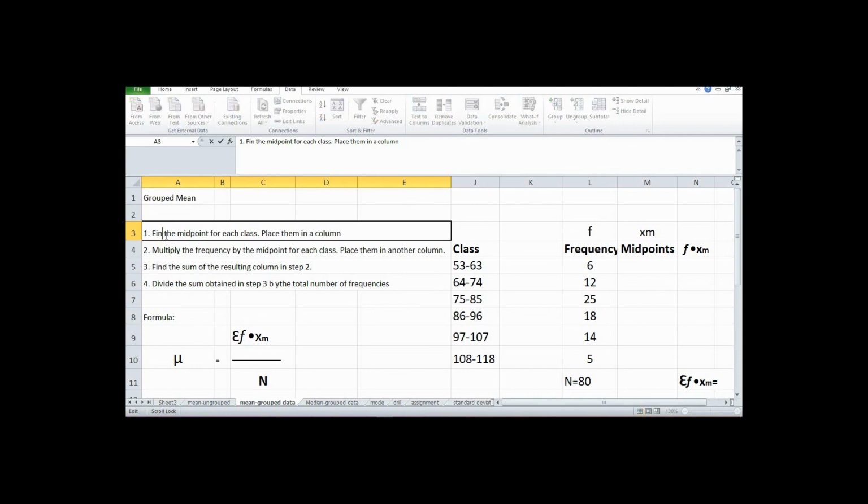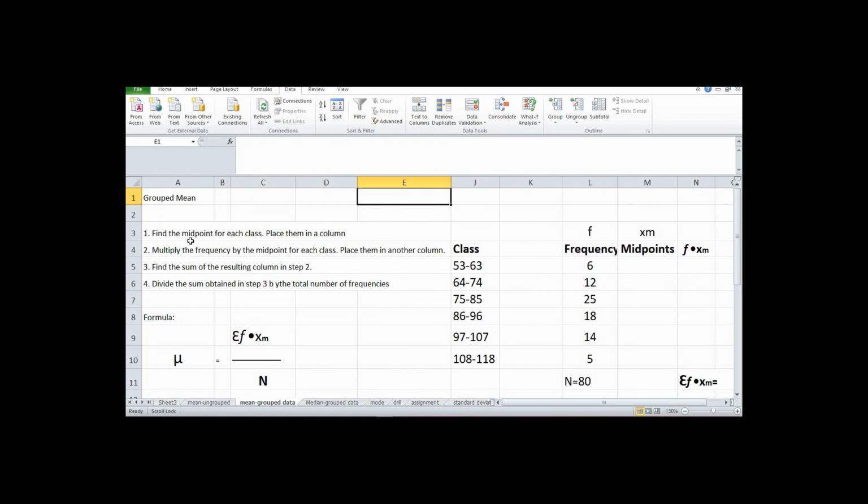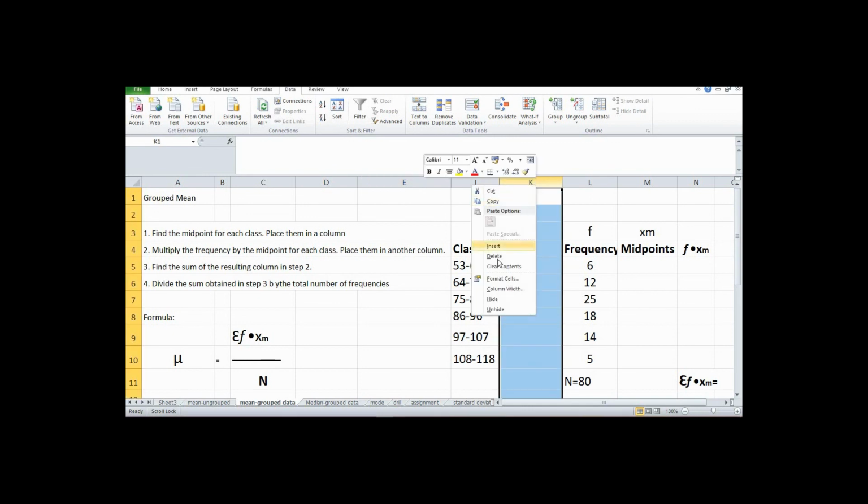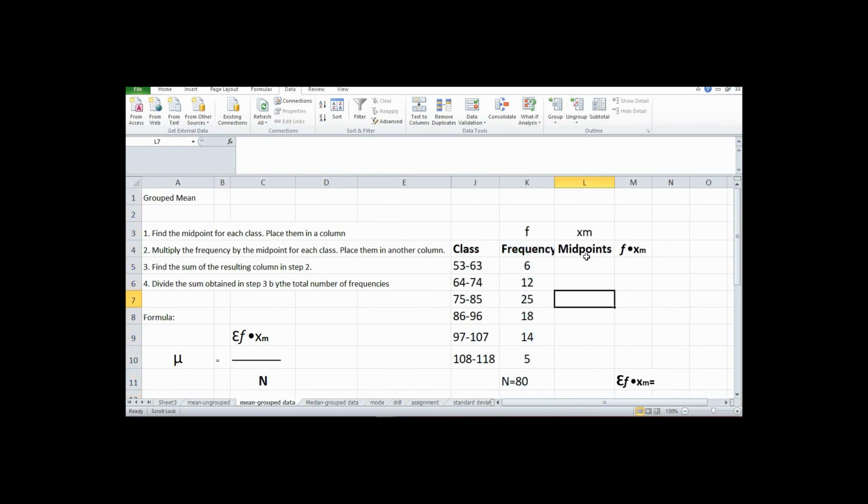First, we need to find the midpoint for each class. So, we will allot a column for the midpoint or the xm. So, how to get the midpoint? Simple.